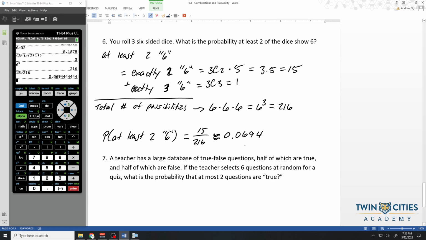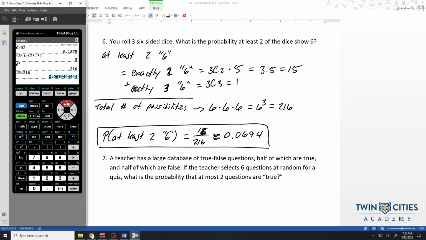So this is almost 7%. I'm sorry, I did 15. We need to do 16. I forgot about the 1 here. Let's redo that. That's 16 divided by 216. Okay, so this is 7%. A little over 7%. So 0.74.